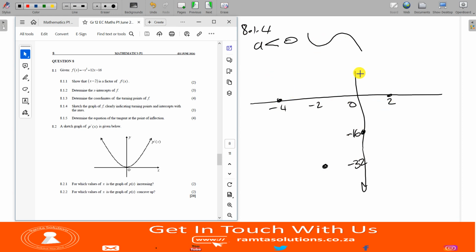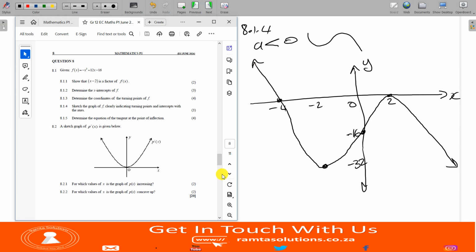Remember, I said it ends with a frowning face. So this is your function. By the way, do not forget to label y and x. This is your graph. This is all your 3 marks.